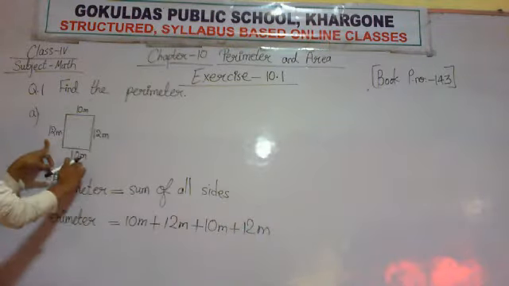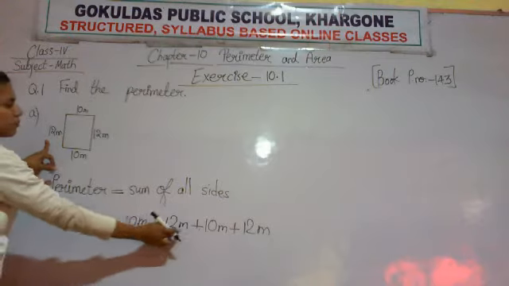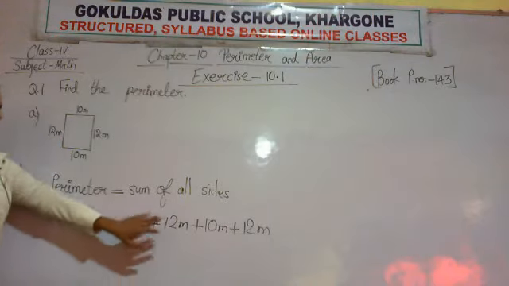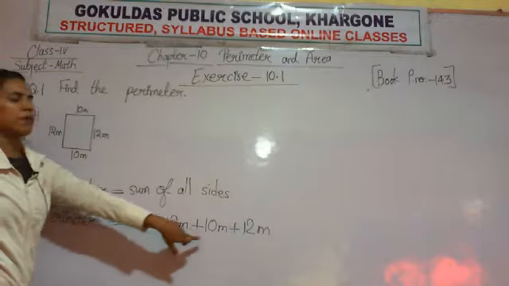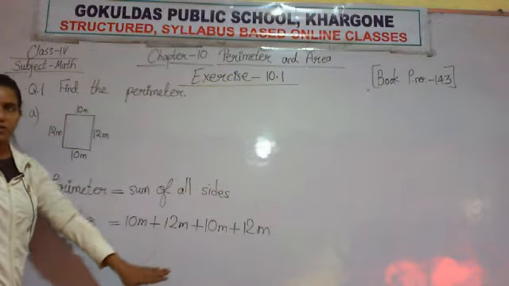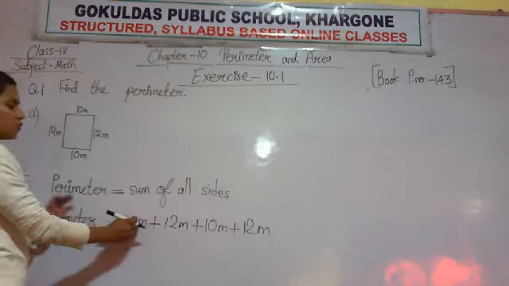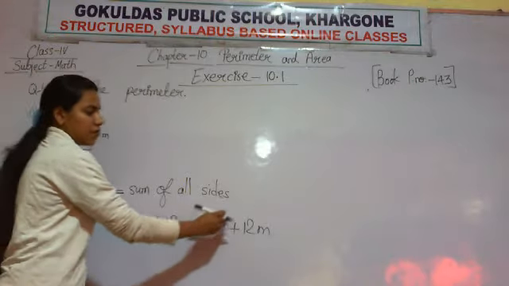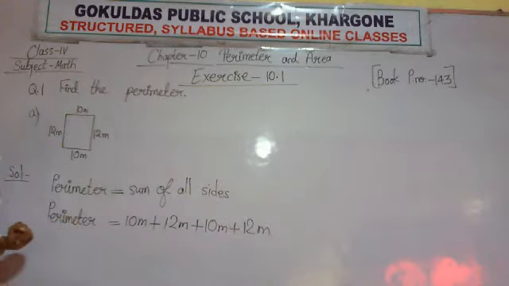As we want to find the sum, put the plus symbol between the numbers. So perimeter equals to 10 meter plus 12 meter plus 10 meter plus 12 meter.